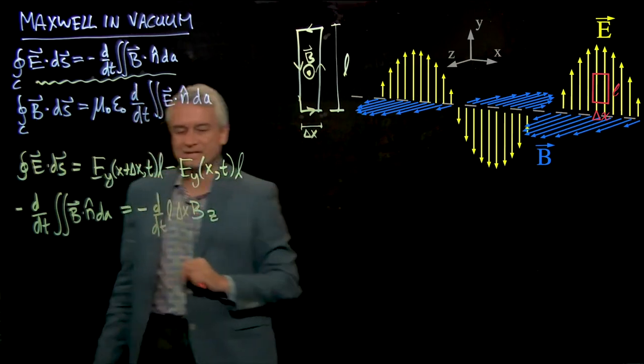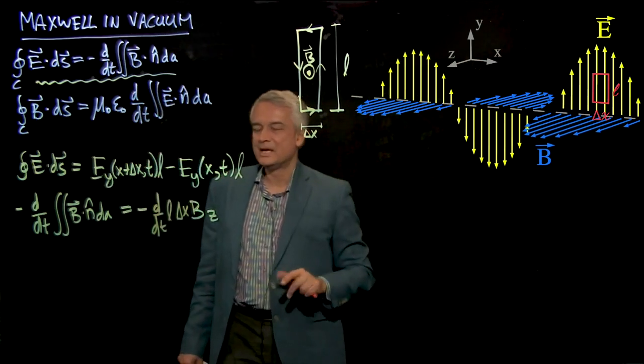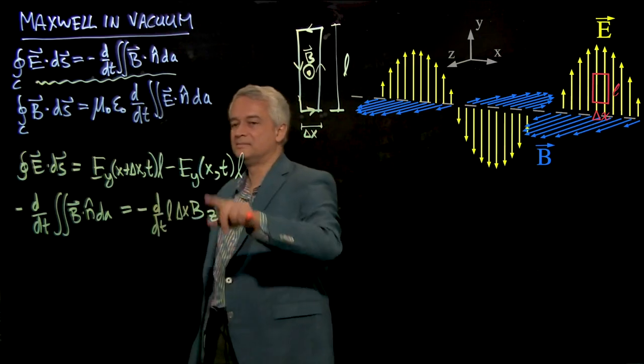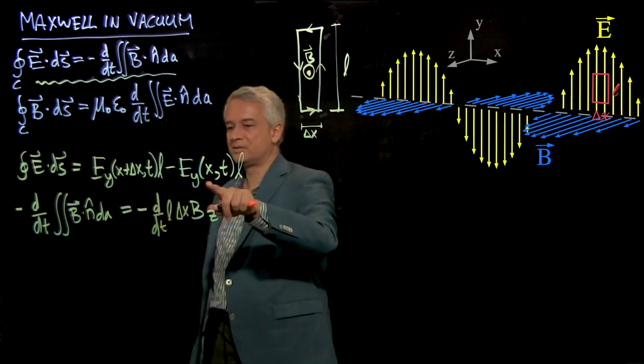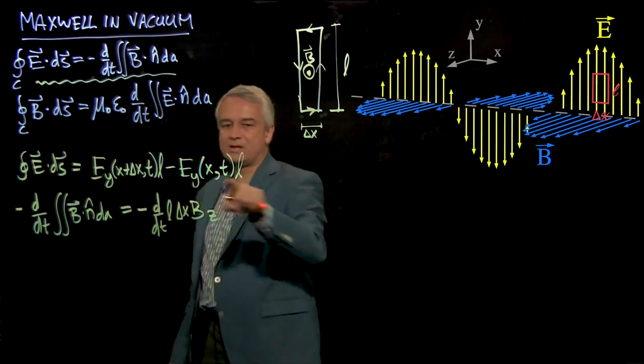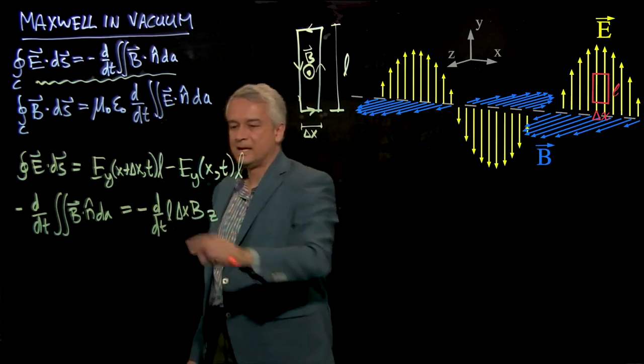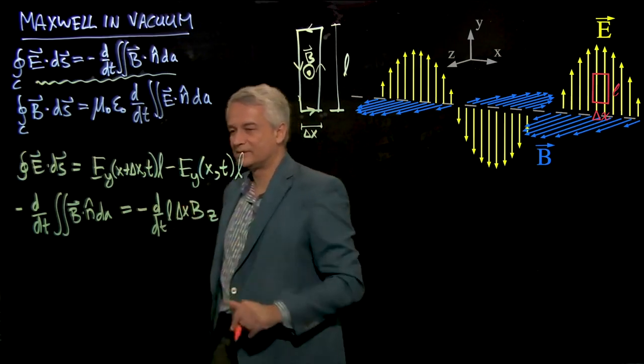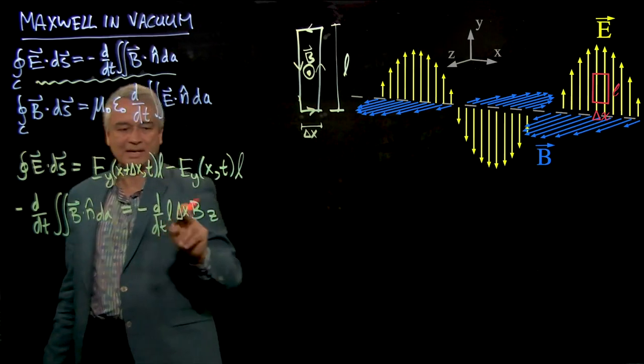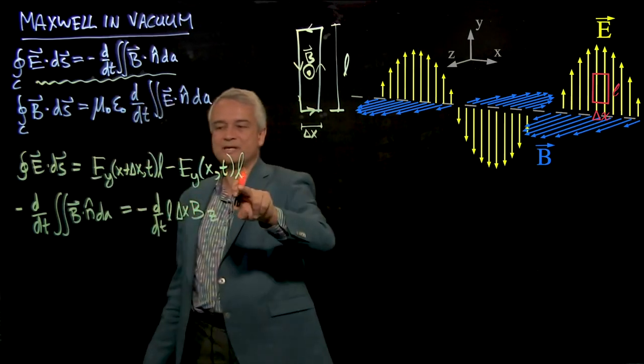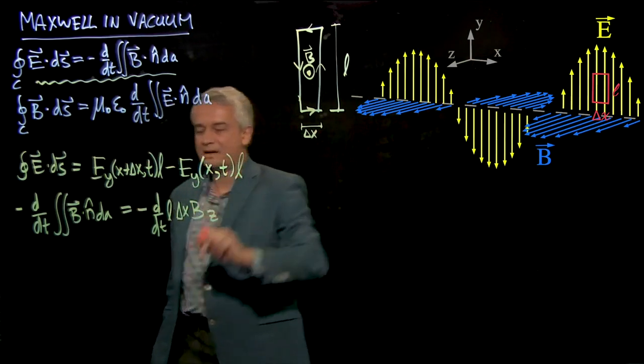The only thing varying in time is actually the Bz. And so now I'm going to collect these, set them equal to each other. The L's will cancel again, all the L's are gone. And I'm going to put the delta x underneath on the left-hand side again.